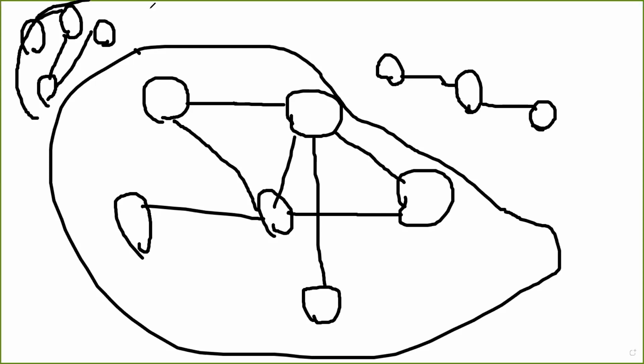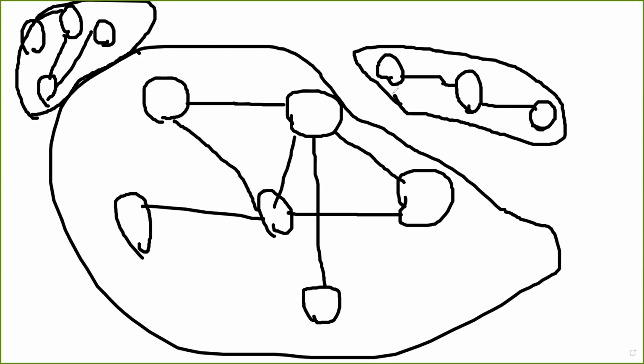Here we have three connected components, right? And we cannot reach any city from any connected component to any other connected component without adding roads, right? So for this connected component, we can reach any city in it, and for this connected component, we can reach any city in it.